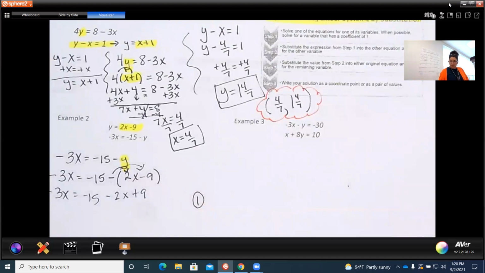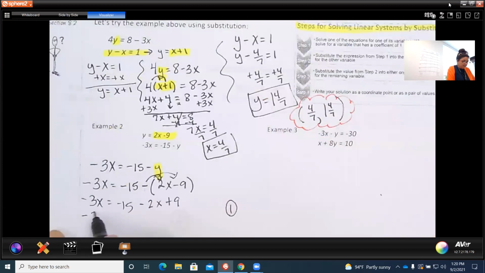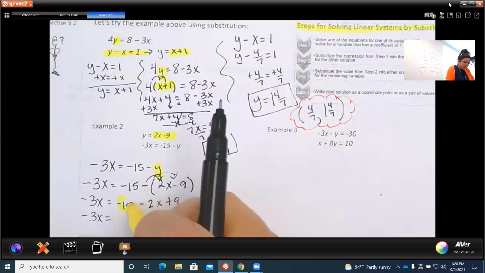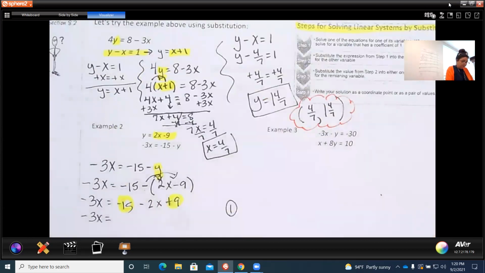If they're on the same side, do I change the sign? No. So on the left, negative 3x equals. On the right side, negative 15 and positive 9 are both constants. Can't I add them together? What do I get? Negative 6. And then just bring down that negative 2x.